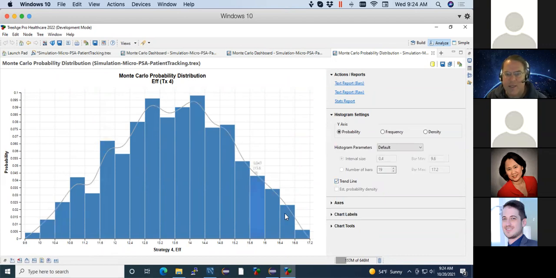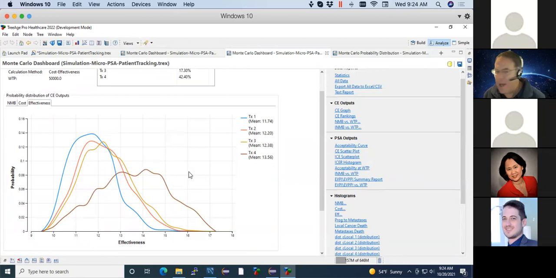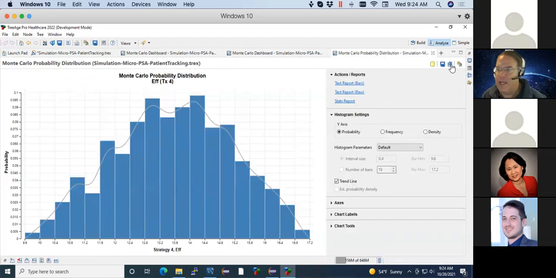So what you're seeing is the trend line on that main graph, because if we put all these bars in, then it would be impossible to read, because it'd be 4 sets of bars. So behind the scenes we create the histogram, then the trend line, and then the trend line ends up back here. So at this point, there's no way to export this specific graph, but all the other graphs like this one can be exported. I can send that to Excel.